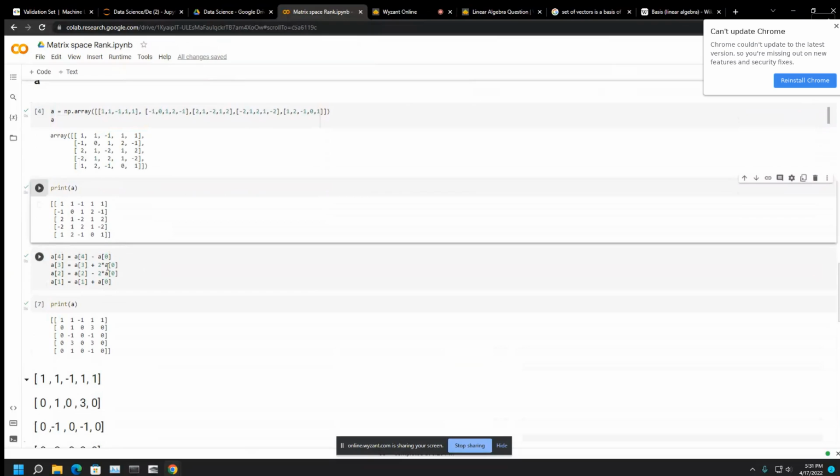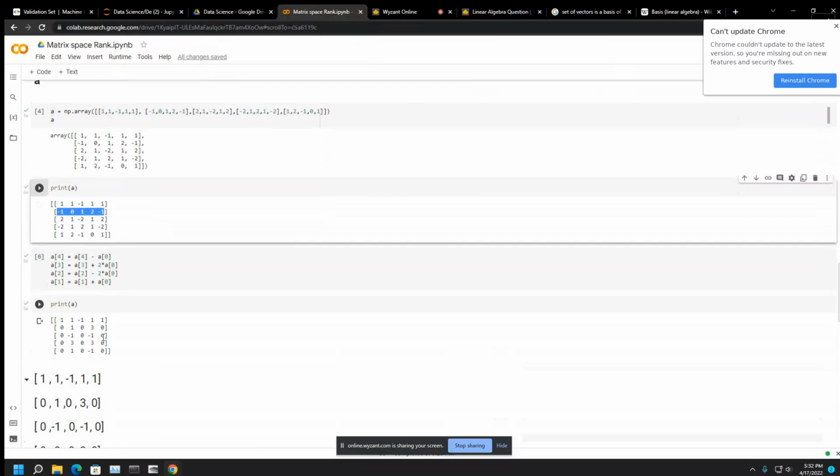Similarly, I will also add 2 times the first row to the third row, and subtract 2 times the first row from this third row, and just add the first row to the second row.